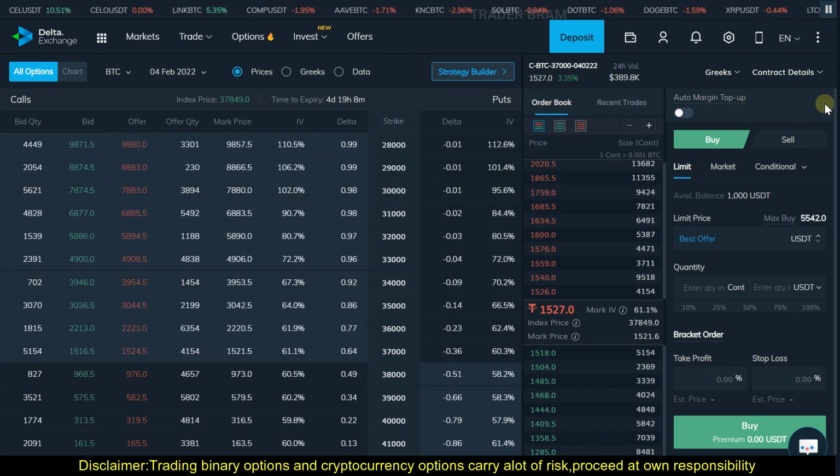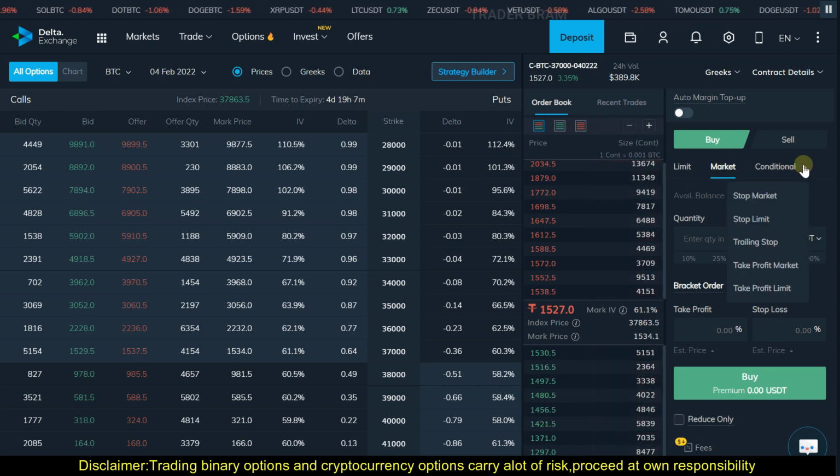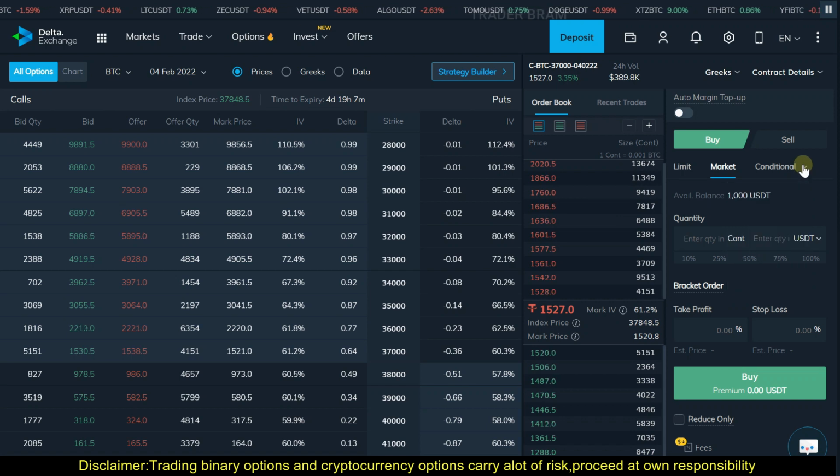When you go on this other side, you can make a buy or sell depending on your strategy and your analysis. You can use the limit price, or you can just use the market price. You can click on that area to use the market price or a conditional price. So you can choose between these 5 options depending on your analysis.